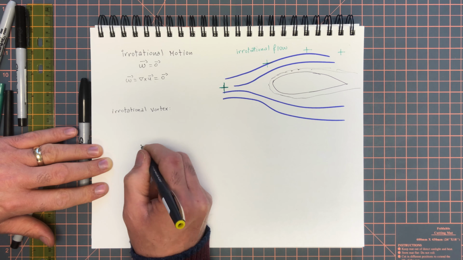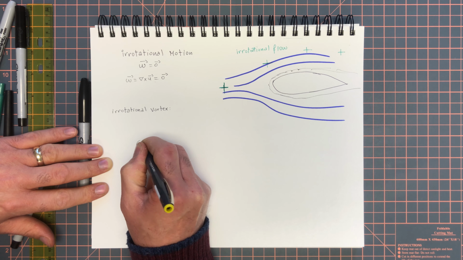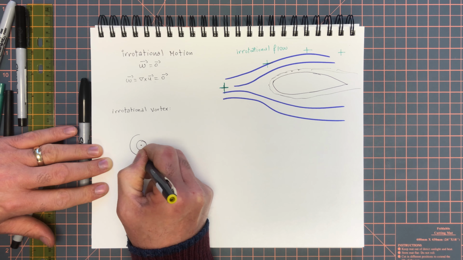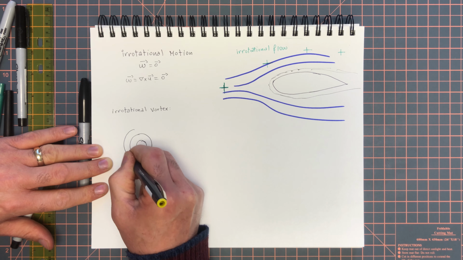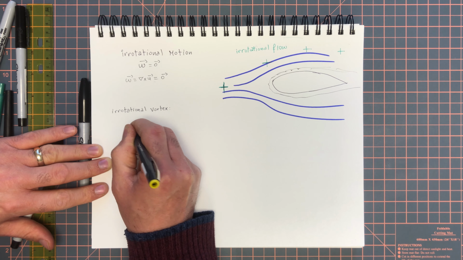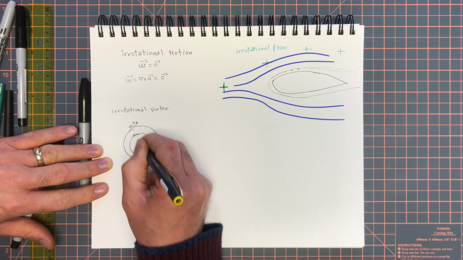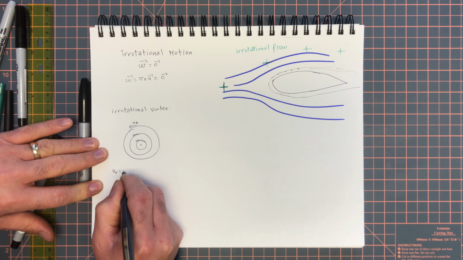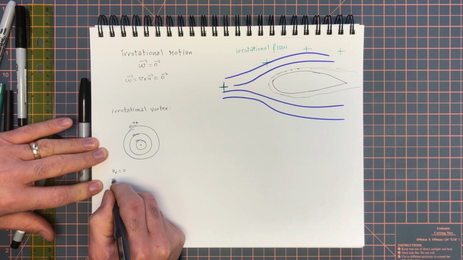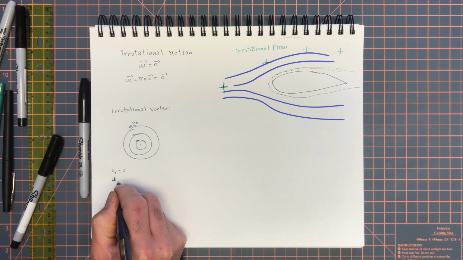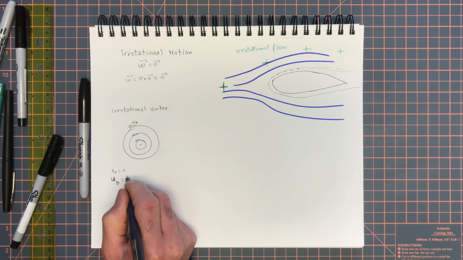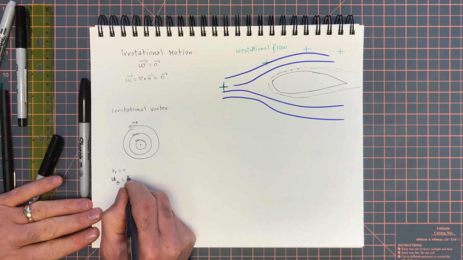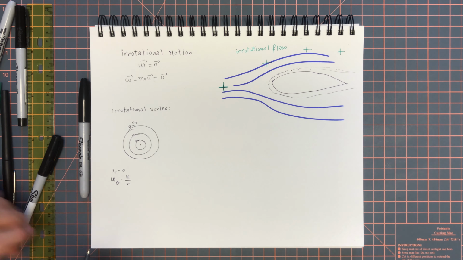In such a vortex, there's a center, and there are concentric streamlines with only a tangential velocity component, u theta. This vortex is given by ur equals 0, and u theta equals some constant k over r.